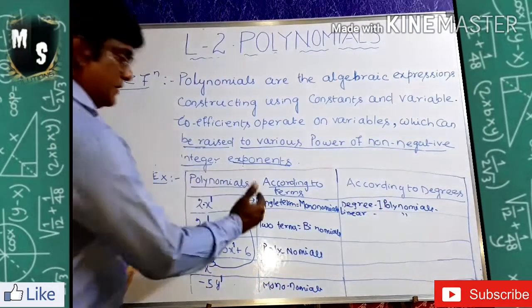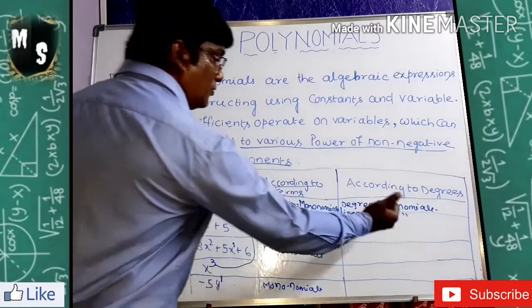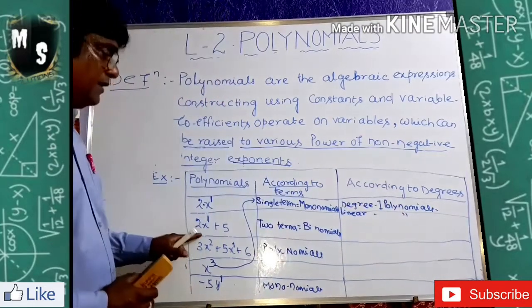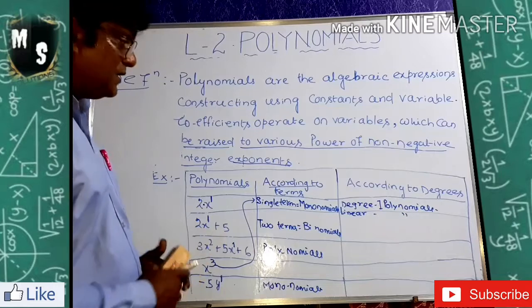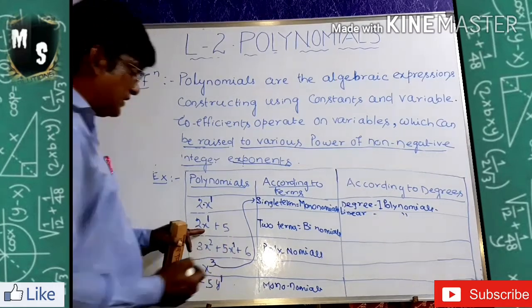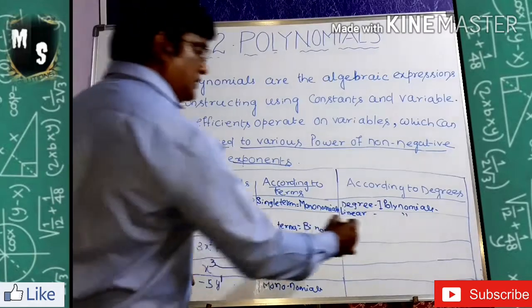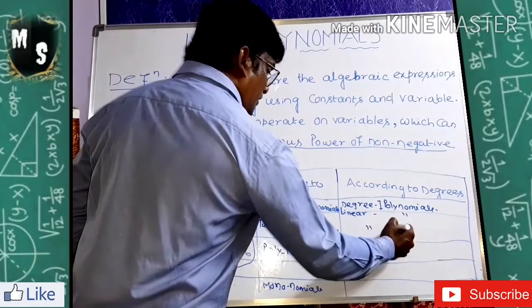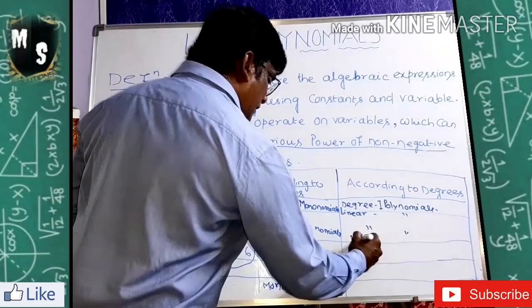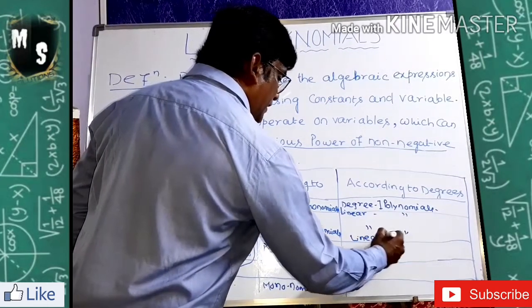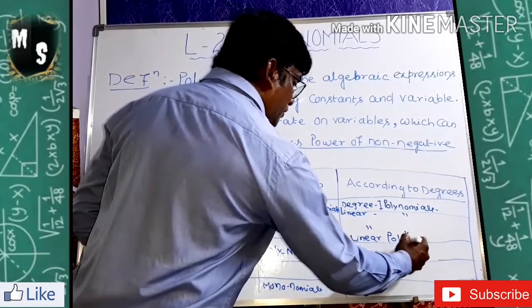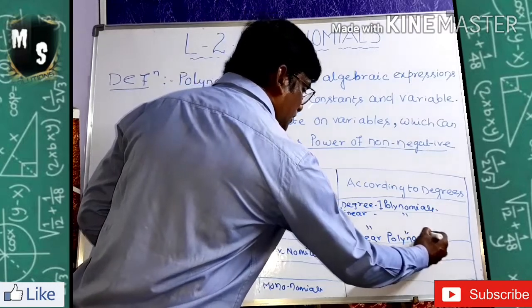So these are the classifications according to the term and according to the degree. Similarly, here it is a binomial, but in what degree? 1. Degree is 1 here. So it is also called a degree 1 polynomial or linear polynomial. I hope you understood this.